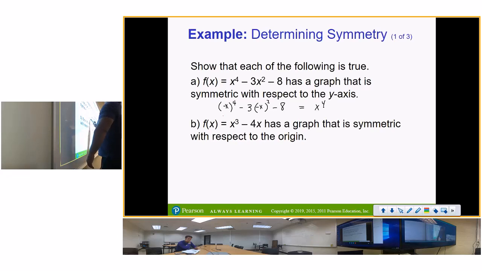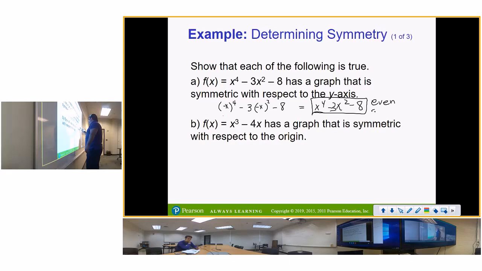And what do you get when you have negative x raised to the second power? You get x squared, right? So that's going to come out to be negative 3x squared. So when we plug in negative x, you get the same thing. That means it is even. That means it is symmetric around what axis? The y-axis, because I got the same thing I started with.